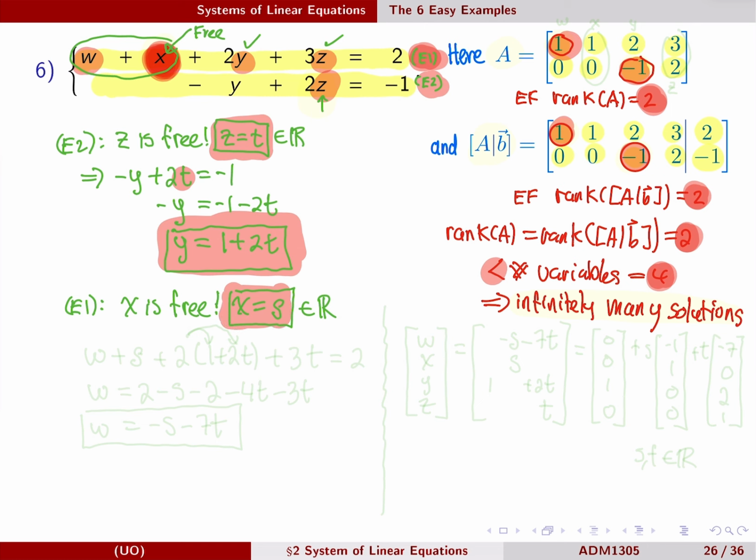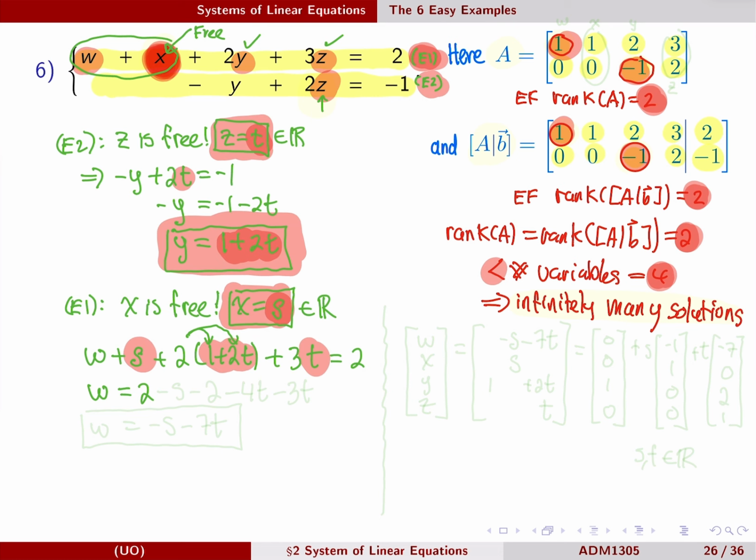And now what we do is we compute w. So we have w plus x, freshly computed to be s, plus 2y, freshly computed to be 1 plus 2t, plus 3z, which is 3t now, is equal to 2. Now, if I isolate w, I'll just shift everything to the right side.